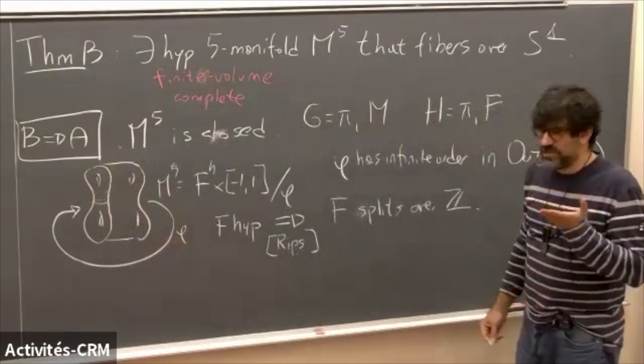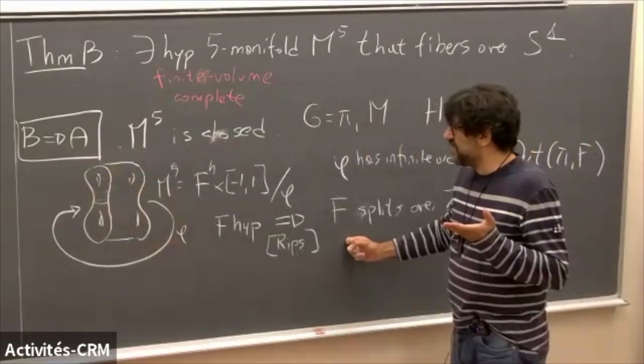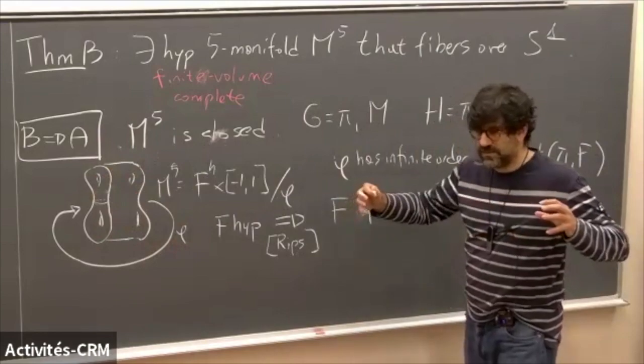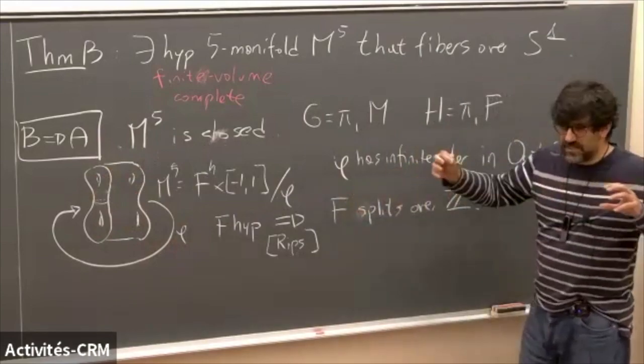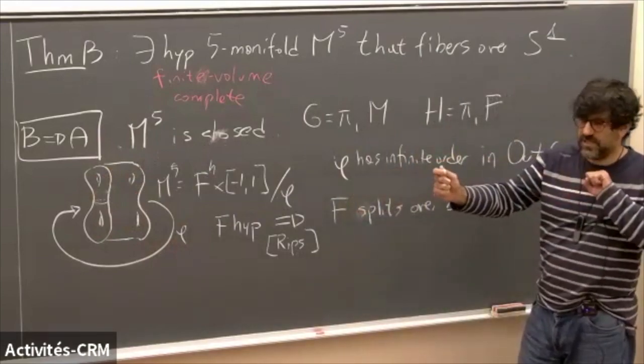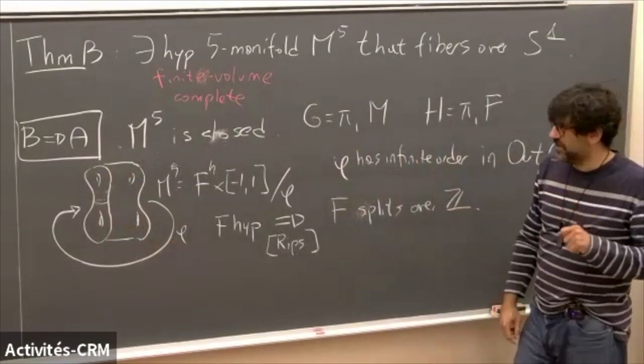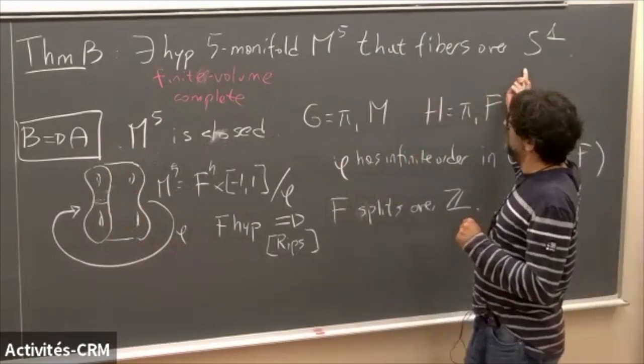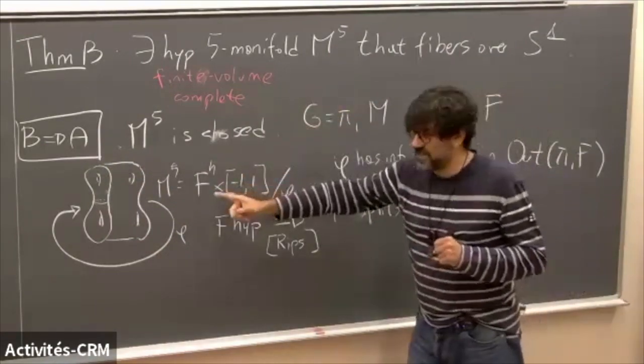But in higher dimension, it is a problem because the fiber is aspherical. Whenever you have a bundle and 2 of the 3 objects are aspherical, the third one is also aspherical. So since the circle is aspherical and the manifold is aspherical, the fiber is aspherical.